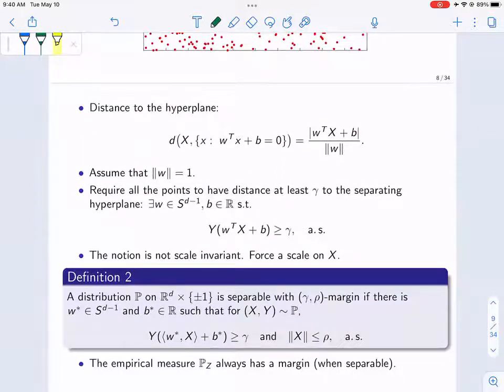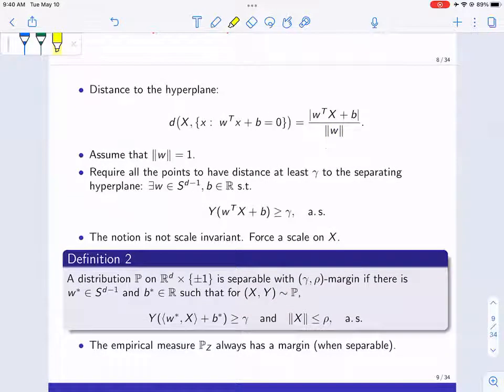If I look at the distance of a generic example from my hyperplane of interest, which is as we have here, then without loss of generality we're going to assume that this norm is equal to 1. Then if we require that all the points are at distance gamma from this separating hyperplane, that would be equivalent to this, as we discussed.